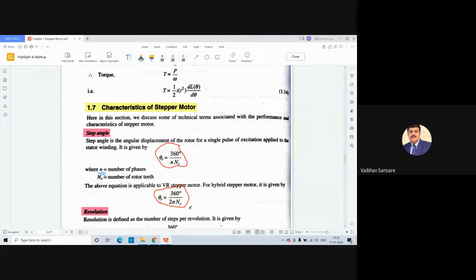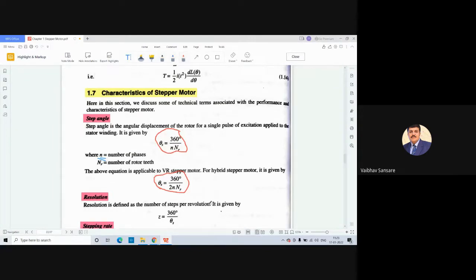One rotor stack is embedded on the north pole of a permanent magnet present on the rotor shaft, and the other rotor stack is present on the south pole of the permanent magnet on the rotor shaft. Due to these two rotor stacks, a different formula is applicable to calculate the step angle for the hybrid stepper motor. So what is step angle? It is the angular displacement of the rotor for a single pulse of excitation applied to the stator winding.